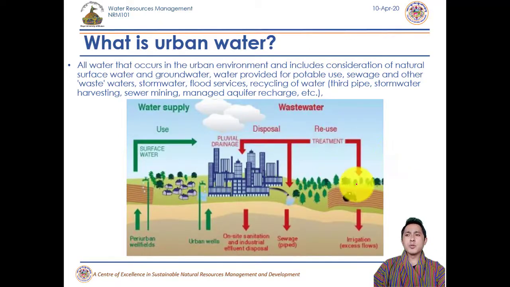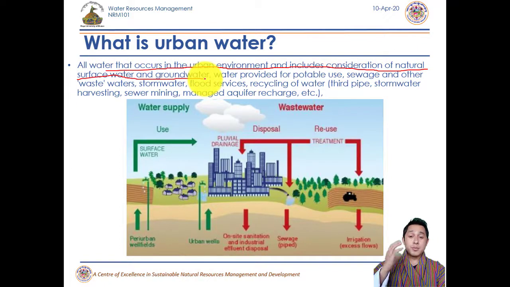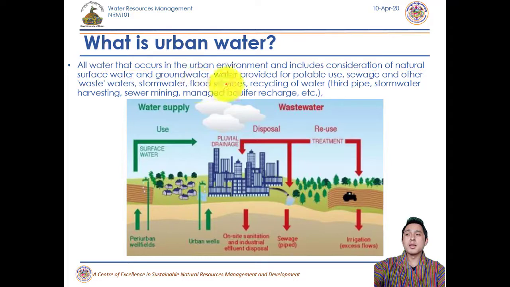So the definition of urban water is water that occurs in the urban environment and includes consideration of natural sources, both natural surface water and groundwater, water provided for potable use, sewage water and wastewater, storm water, flood services, and recycling of water.